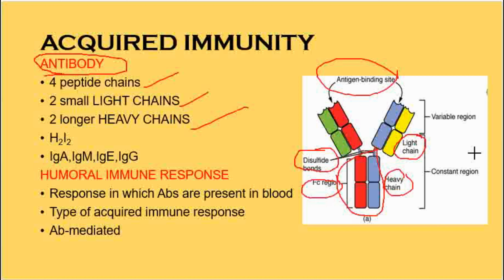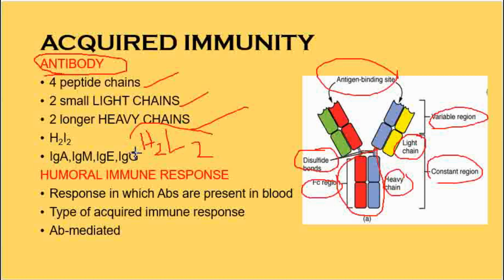And this is a variable region, let's not go deep, and this is a constant region. Since there are 2 heavy and 2 light chains, they are represented by H2 and L2.